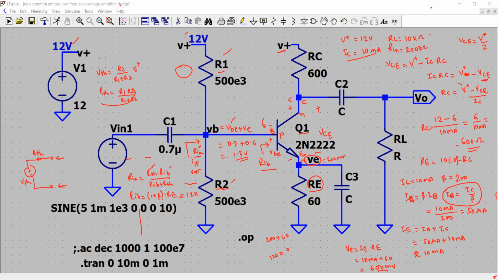So Rin is 200 kilo ohm, and RIB we just calculated as 12K. Plug these two values into this equation to get the value of RTH, which is the parallel combination of R1 and R2, that is R1 times R2 over R1 plus R2. So how to calculate that? It would be RIB, which is 12K, plus RTH, and this will be equal to RTH times 12K divided by Rin, which is 200K.